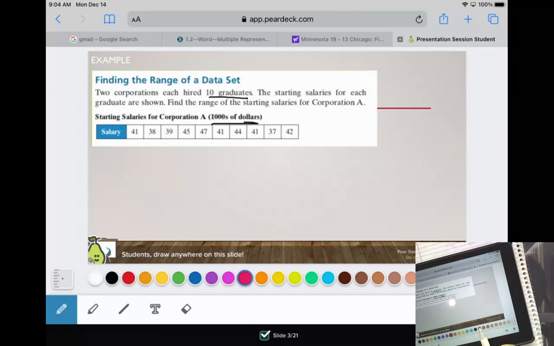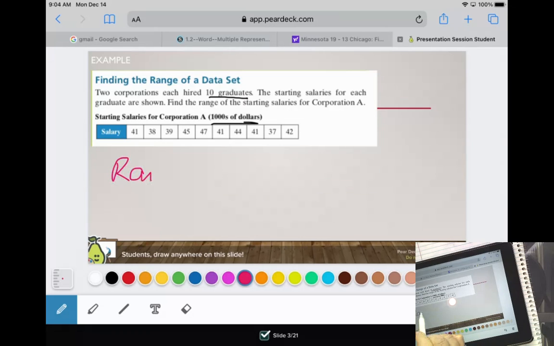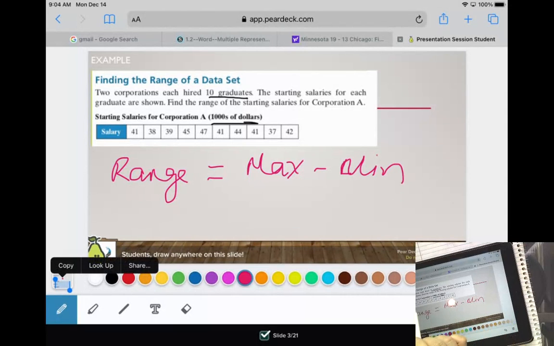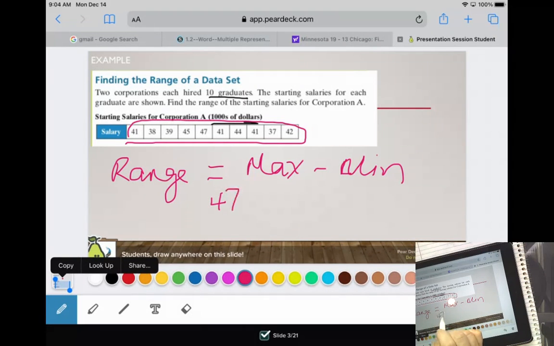To find the range, I will take the highest value minus the lowest. So the range is the maximum value take away the minimum, which is the lowest. Looking at this table, the highest value would be 47, but not just 47, it's 47,000.